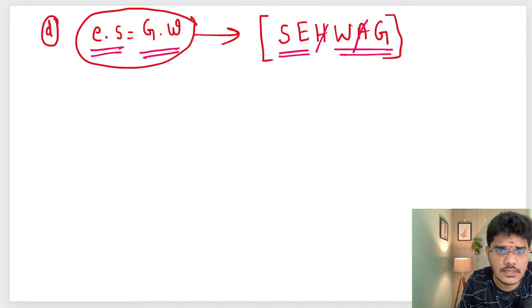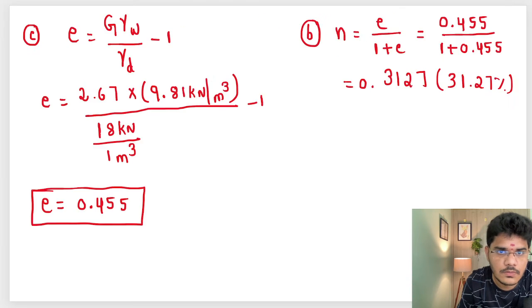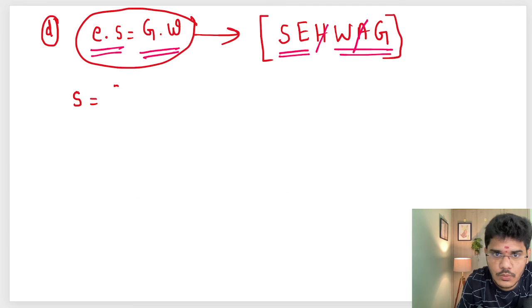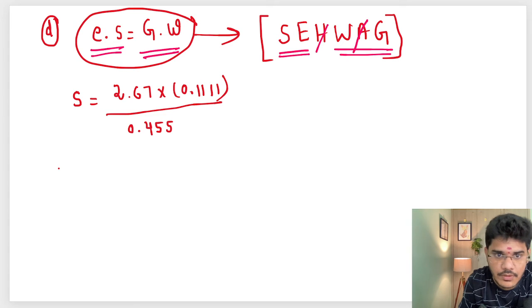So next, E into S is equal to G S into W. S is equal to, so G is equal to 2.67 into 0.1111 divided by E, the value we found out to be 0.455.